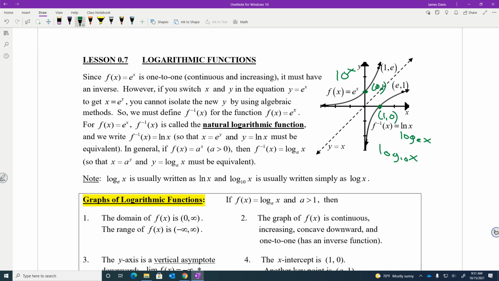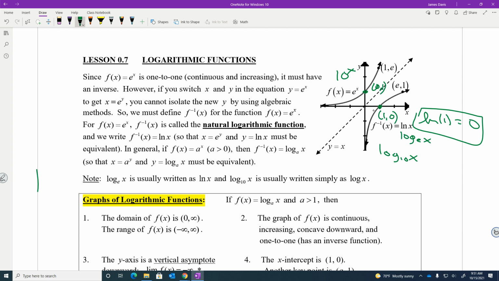Because any exponential with 0 as an exponent is just 1, in the same way that any logarithm evaluated at 1 is just going to be 0. So it is important that you know that the natural log of 1 equals 0.